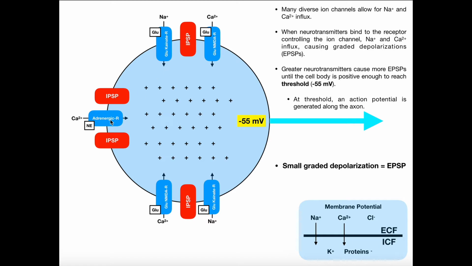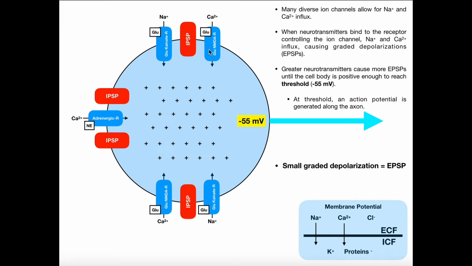In other types of neurons, we might have an adrenergic receptor. These are receptors that bind catecholamines, such as norepinephrine, like this. Norepinephrine might be floating around here, or in some cases epinephrine. Norepinephrine binds, and that activates the adrenergic receptor, and then perhaps calcium ions influx. And so what you can see here is these are specific neurotransmitters binding to specific receptors that control specific ion channels.